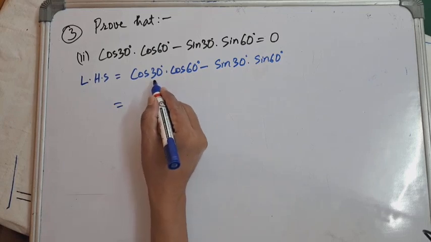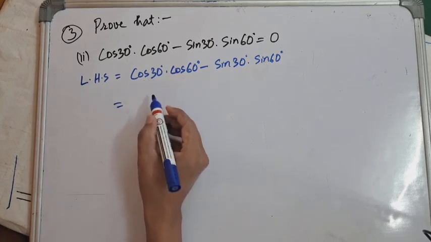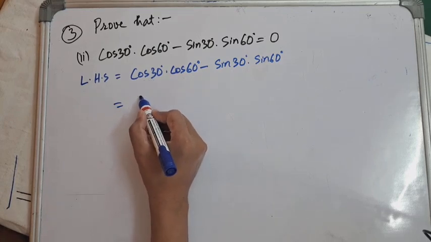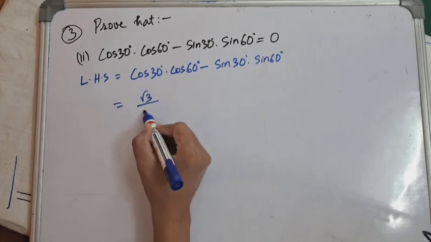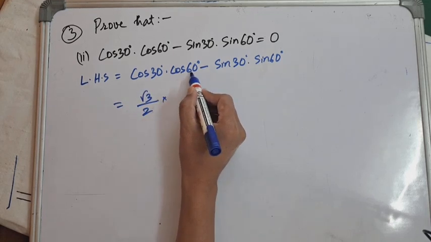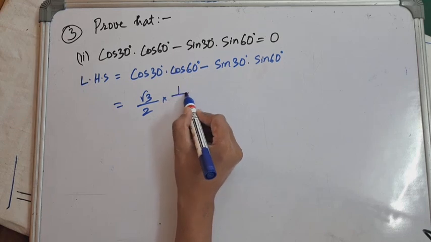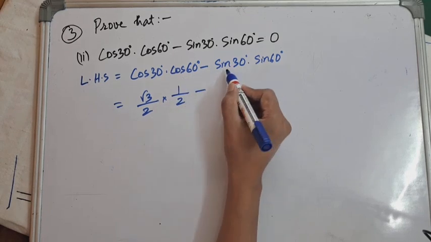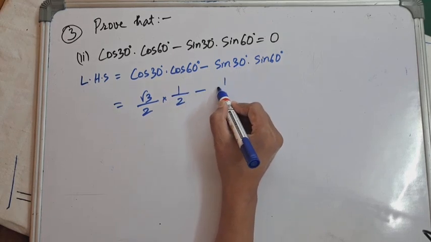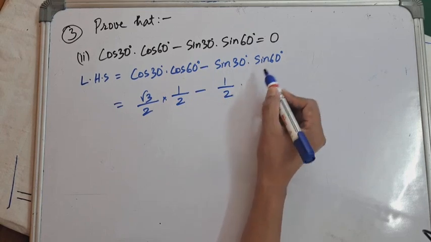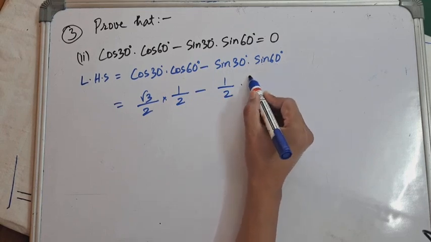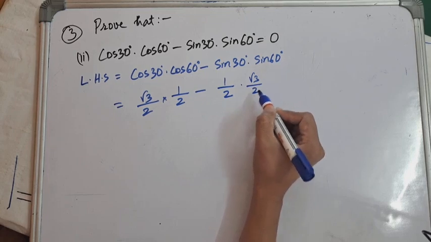So the value of cos 30 degree is root 3 by 2, into the value of cos 60 degree is 1 upon 2, minus the value of sine 30 degree is 1 upon 2 into the value of sine 60 degree is root 3 by 2, isn't it?